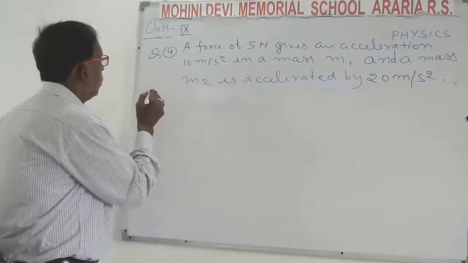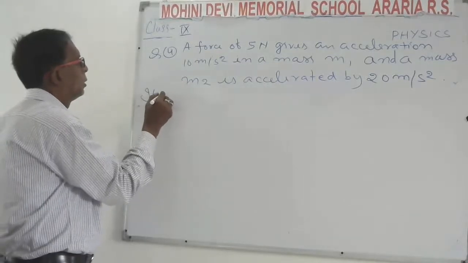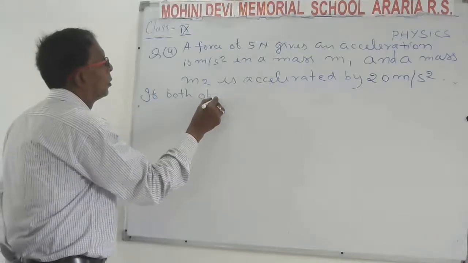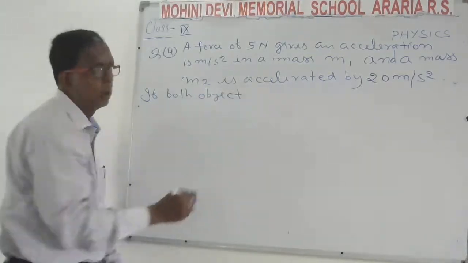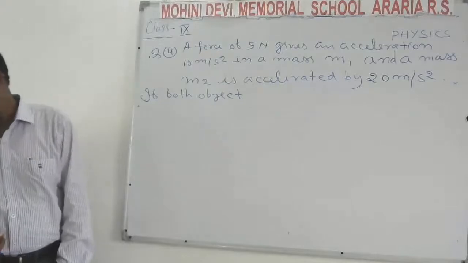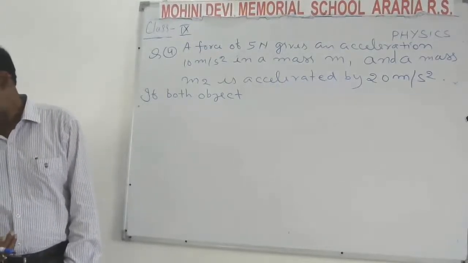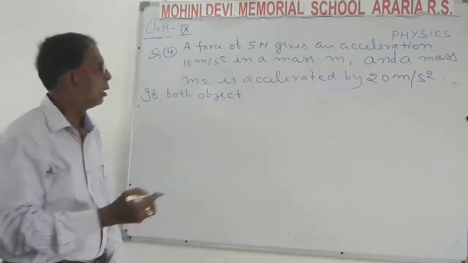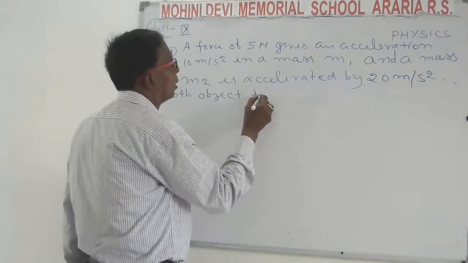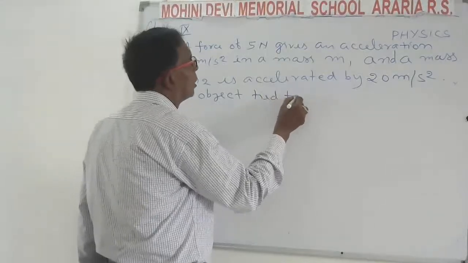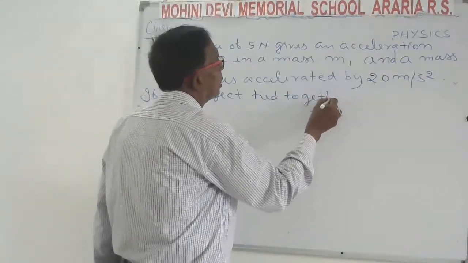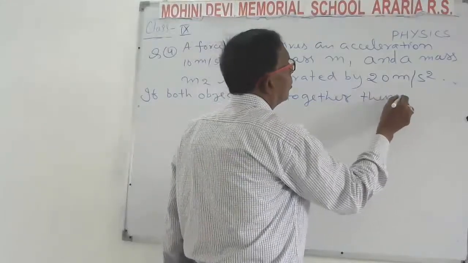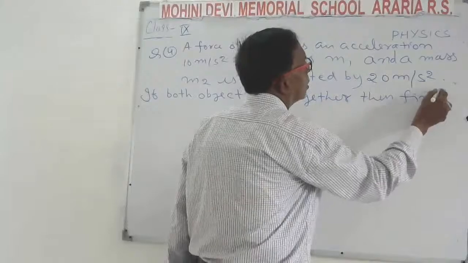If both objects are tied together, then find the acceleration.